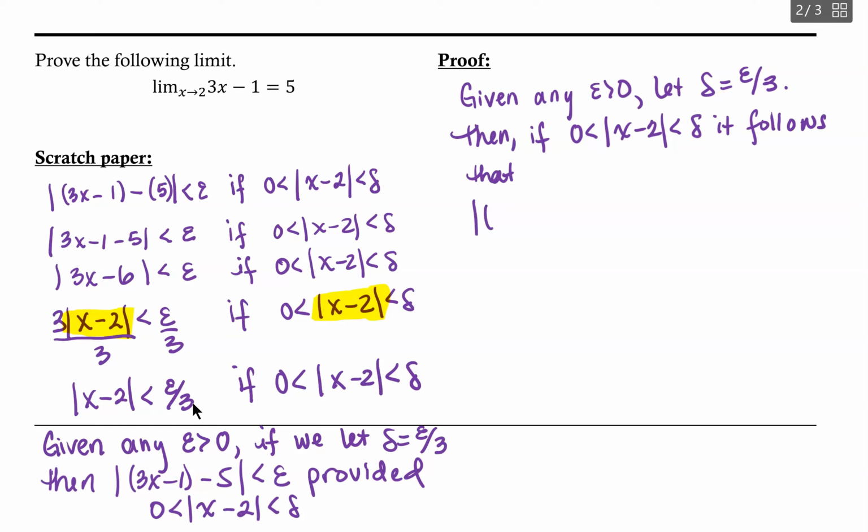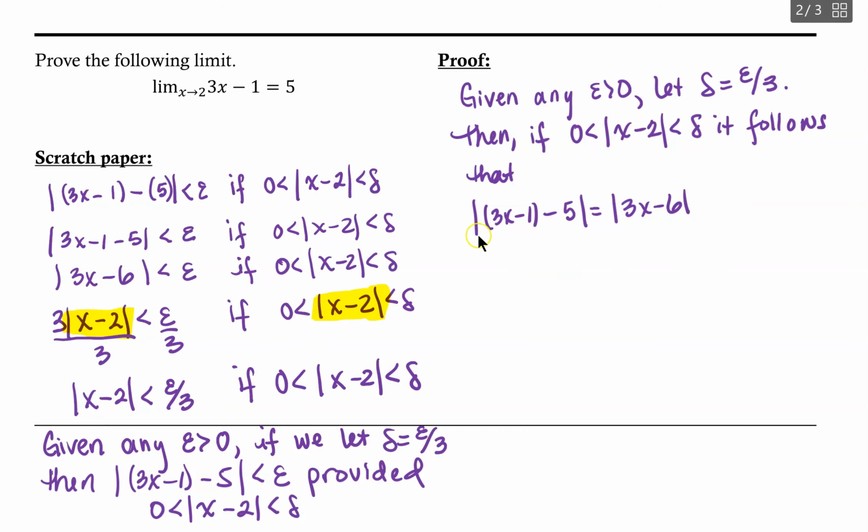the absolute value of our function 3x minus 1 minus its limit 5 is equal to the absolute value of 3x minus 6. Notice I'm pulling information from over here in my scratch paper.